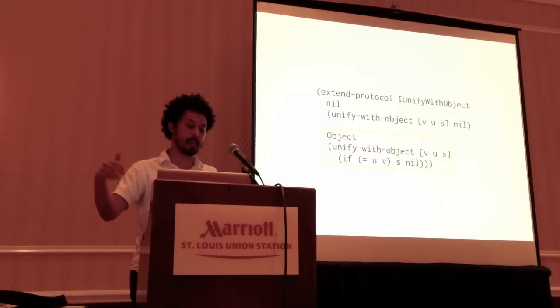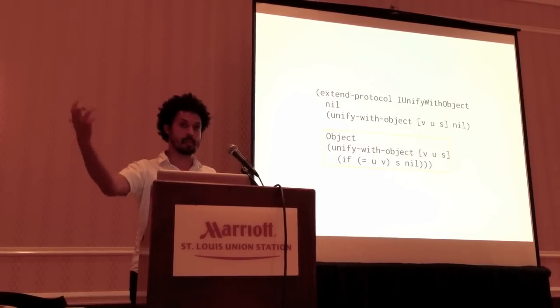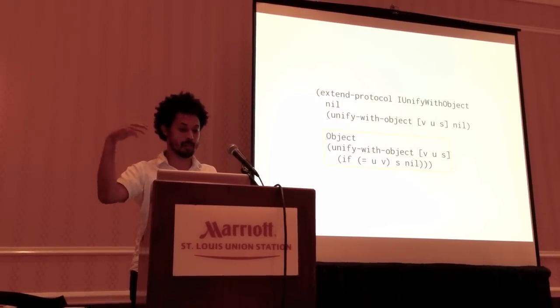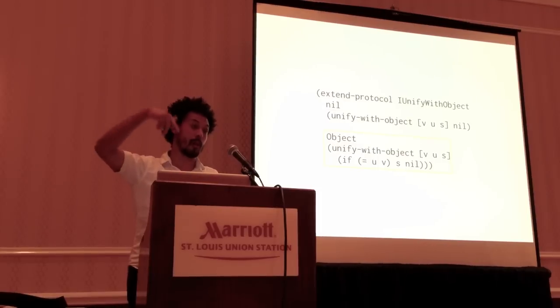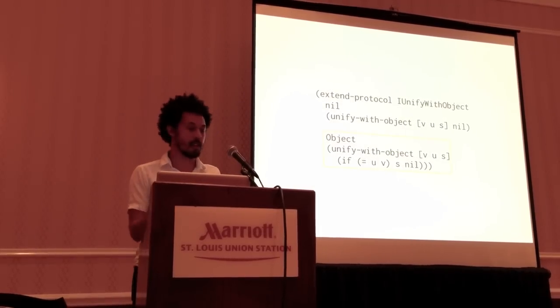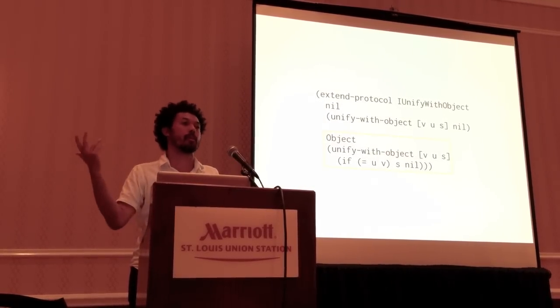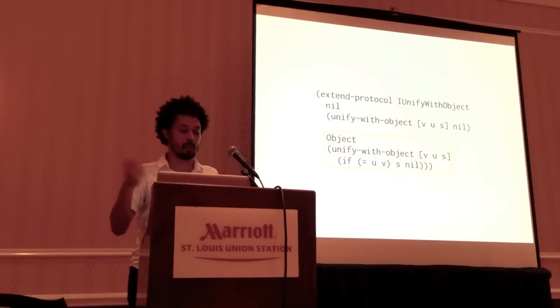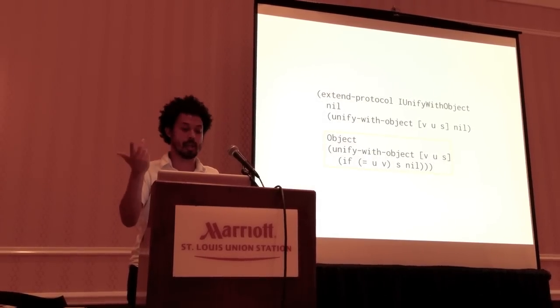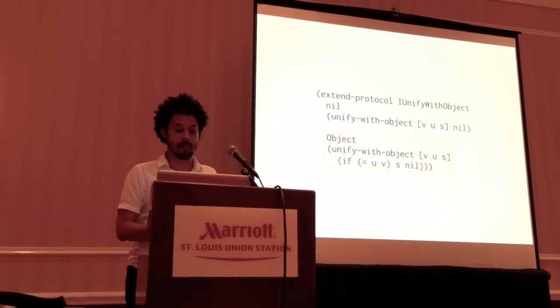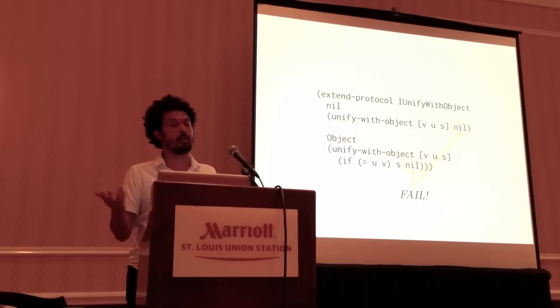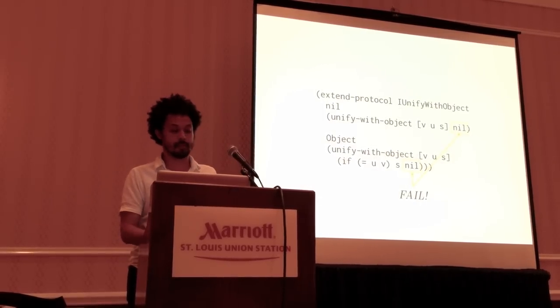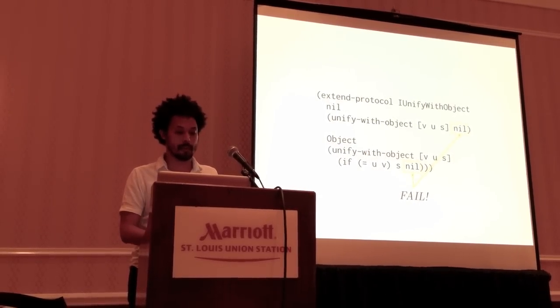If the object was identified, and now we want to unify with the other thing, and it also is the default case, all we check is, are they equal? If they're equal, return the substitution map unchanged, and return nil if you fail. So whenever you see nil, it means that we failed somehow. It couldn't be done. We couldn't unify.